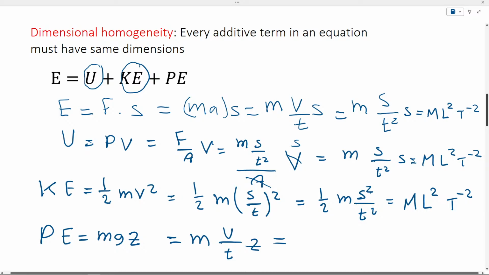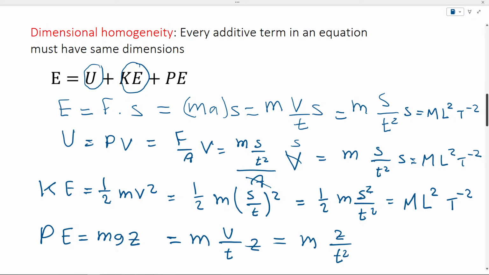We can express it as m, distance z over t squared. I'm just expressing the distance here as z instead of s, which makes no difference.